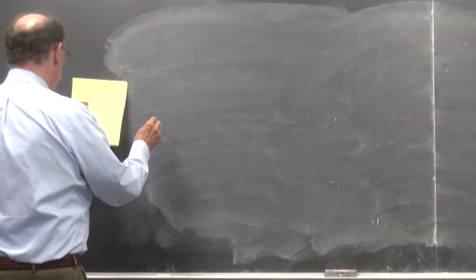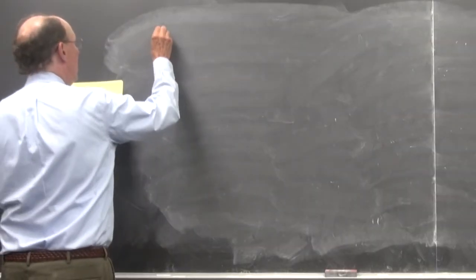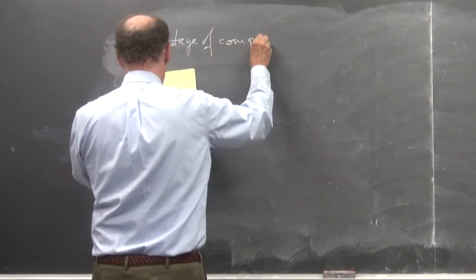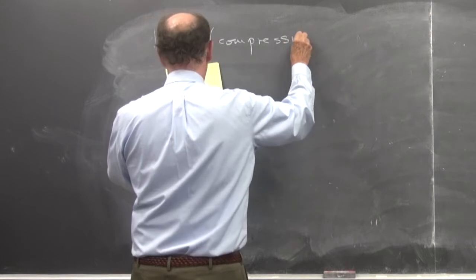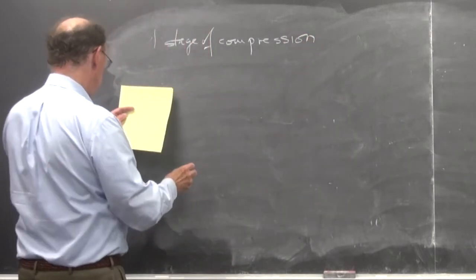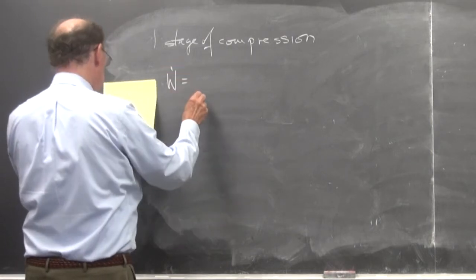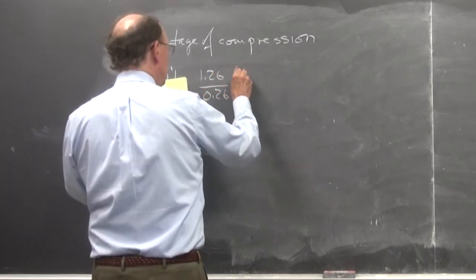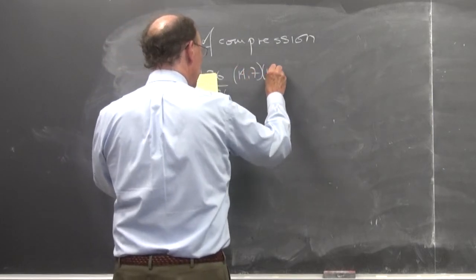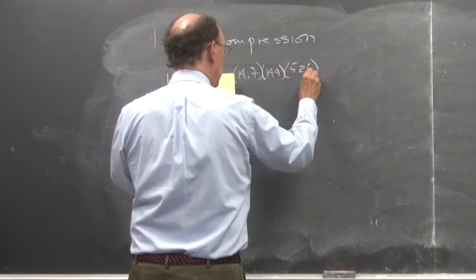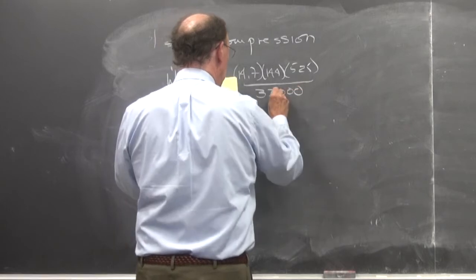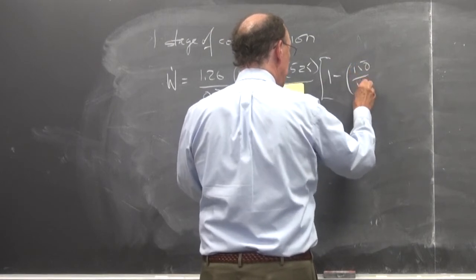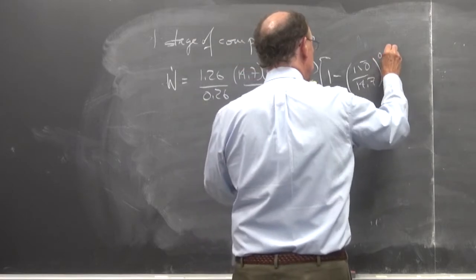So for 1 stage of compression, W dot is equal to 1.26 over 0.26 times 14.7 times 144 times 525 divided by 33,000 times 1 minus, and now P2 is 150 over 14.7 to the 0.26 divided by 1.26.